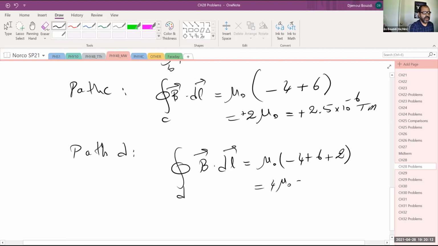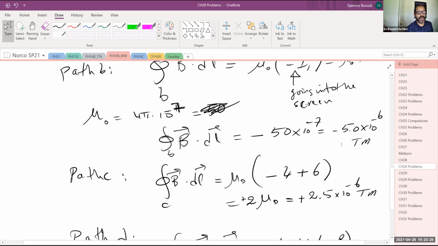So it's 4 mu naught. So it's going to be a negative 5.0 times 10 to the negative 6 Tesla meter. Okay, I didn't do the actual calculation, I'm just relying that this one is correct, so hopefully you guys can check these numbers and verify them for me.